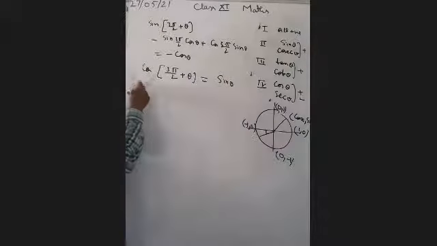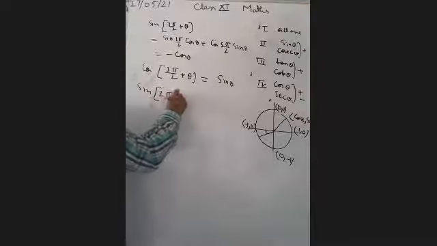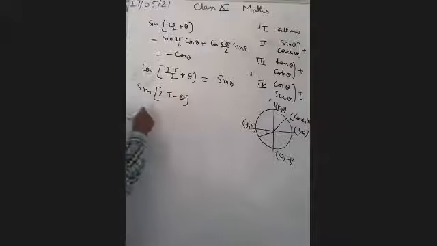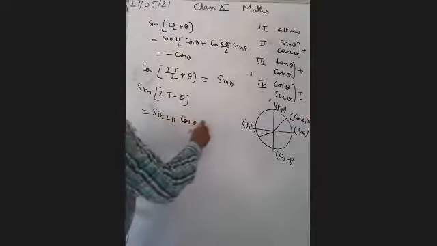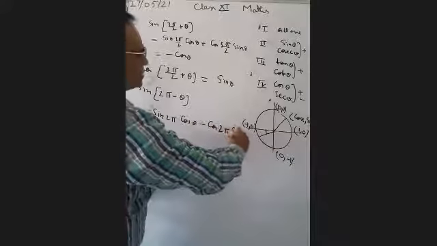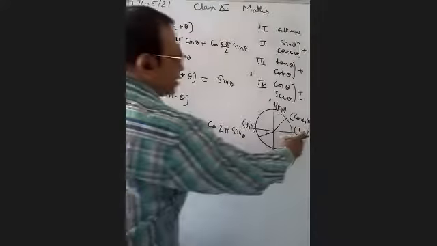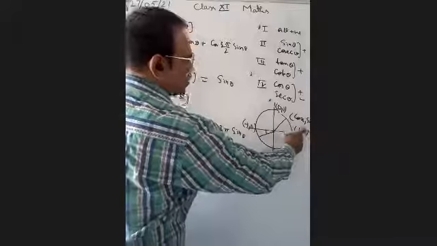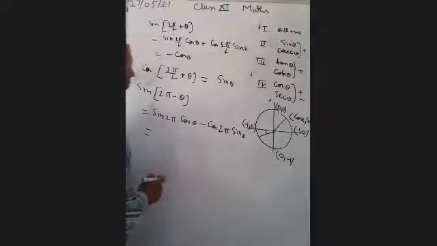Similarly, you can convert the value of sin(2 pi minus theta). If you use the formula, sin 2 pi cos theta minus cos 2 pi sin theta. The value of sin 2 pi is 0 and cos 2 pi is equal to 1.